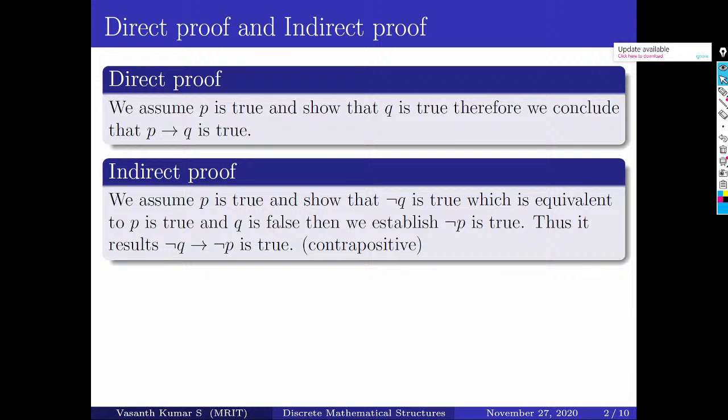Next, indirect proof: we assume P is true and show that negation Q is true, which is equivalent to P is true and Q is false.